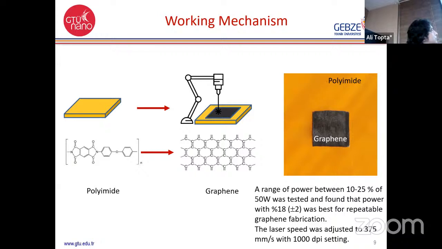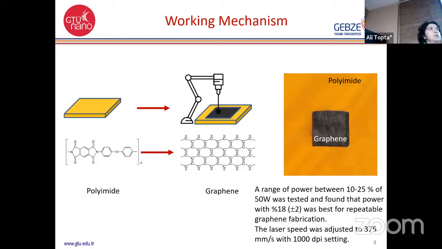After that, you can select your pattern, or you can draw your pattern through that software as well. What happens is you get graphene only in the exact parts that you pattern, and the rest remains untouched or unharmed.